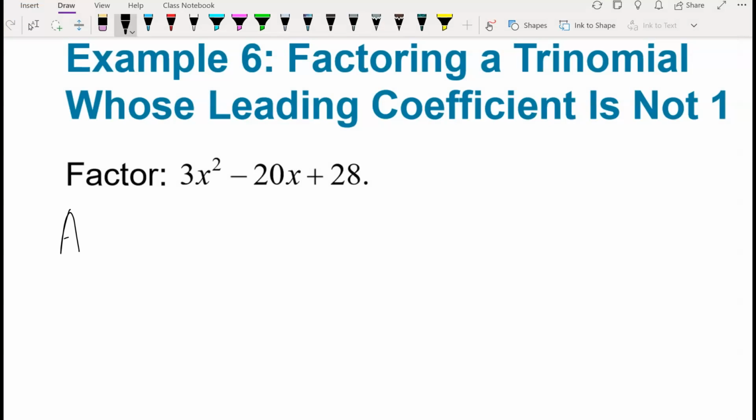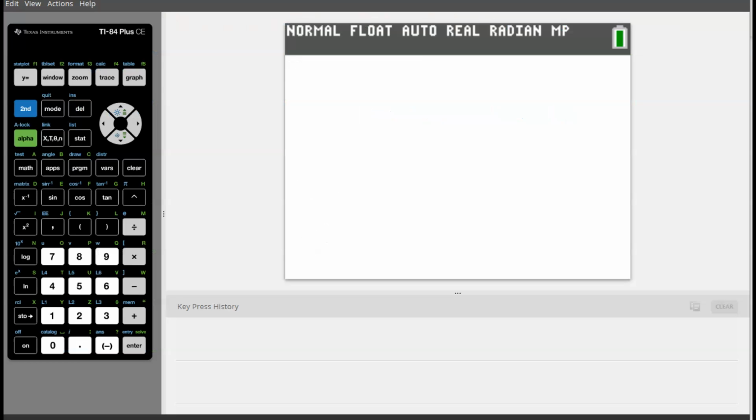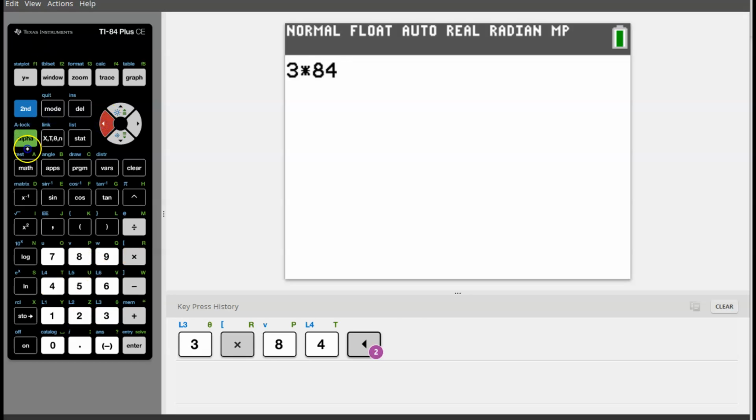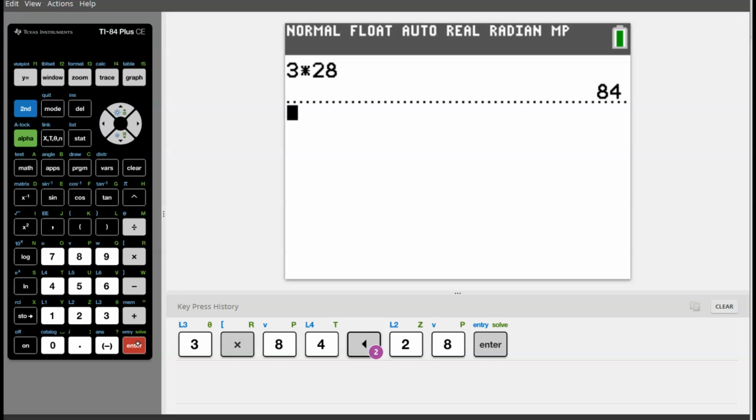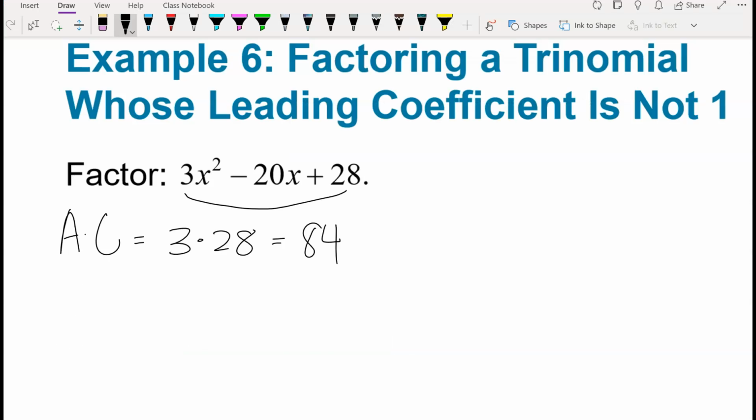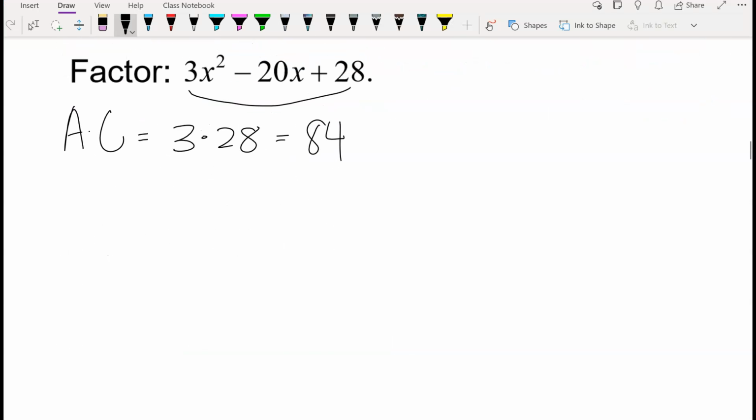All right, a times c. So 3 times 28 is going to give you 84. If you didn't know that was 84, you can do that in your calculator. So we want factors of 84.